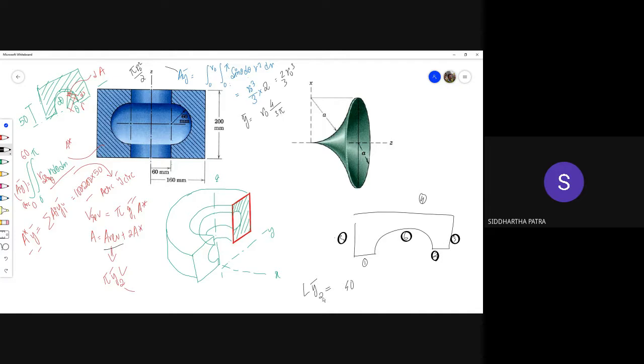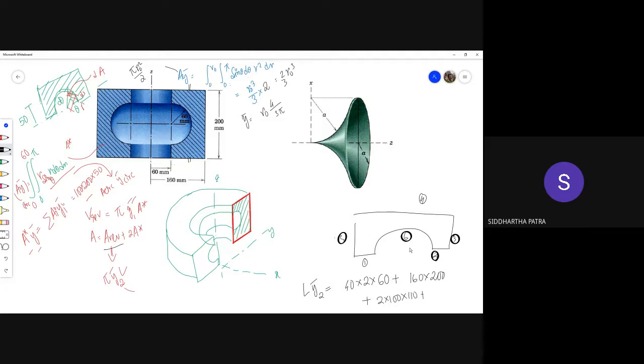Sorry, L times y bar would be 40 times 2 times this distance, which is 60 plus 160 times 200, plus, for these two horizontal edges of length 100 millimeters, 2 times 100 times 50 plus 60, that is 110.